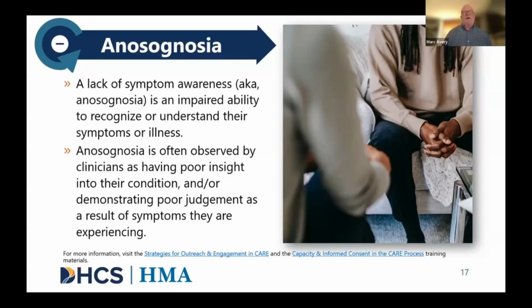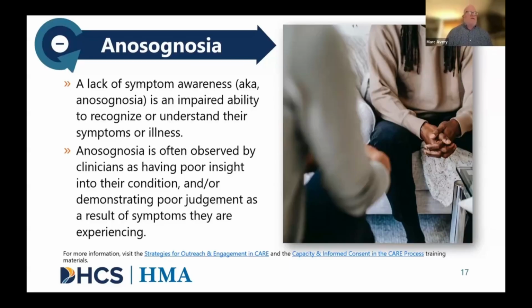This is a phenomenon known as anosognosia. Anosognosia is often identified by clinicians in the mental status examination and recorded as a lack of insight or poor judgment when that mental status examination is documented.